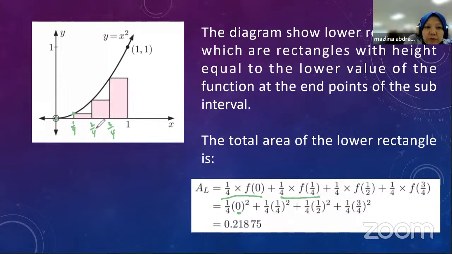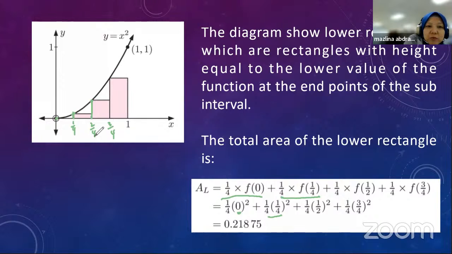1/4 tu dia punya width. The height ni adalah height yang dari tepi ni, yang touch our function. So ini function kita kan x square. Bila masa x is 1/4, that's why f of 1/4. And then the third rectangle, height dia adalah here because we consider lower rectangle, x square.